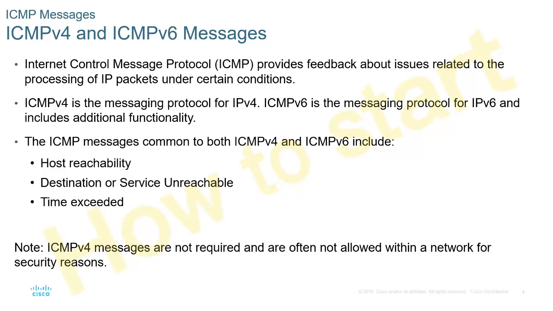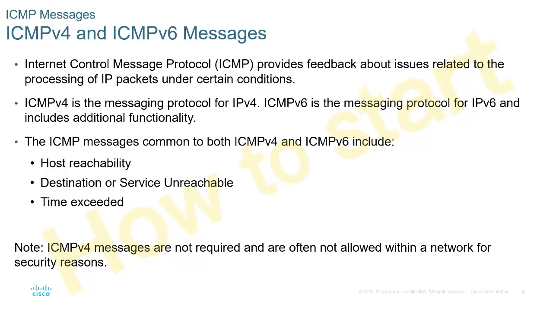Now keep in mind that we can send an echo request to a destination. That doesn't mean they have to reply, and it doesn't mean they're not reachable. It could just mean they have ICMP disabled. So there are some caveats with ICMP, such as you can turn it off so it doesn't respond.